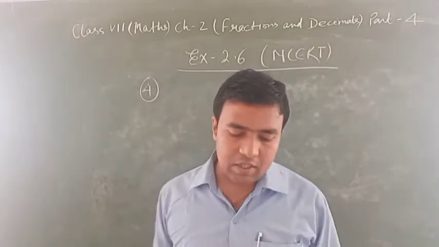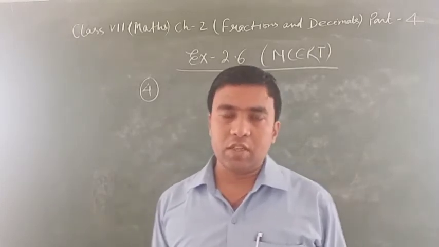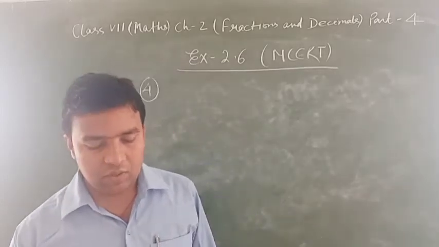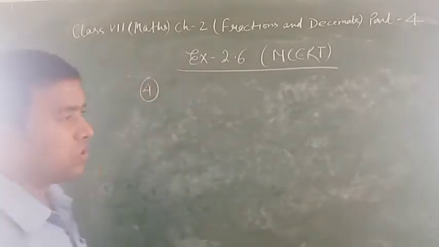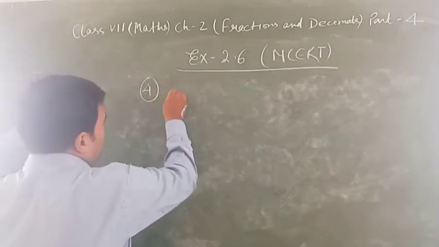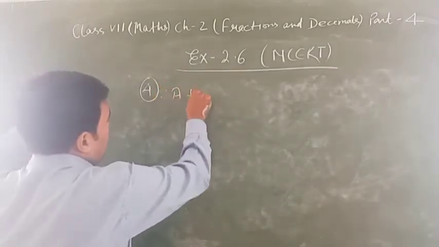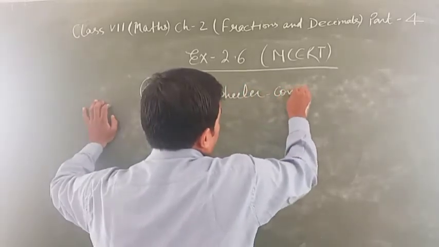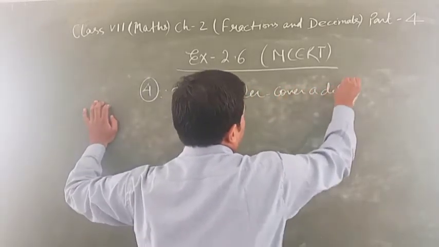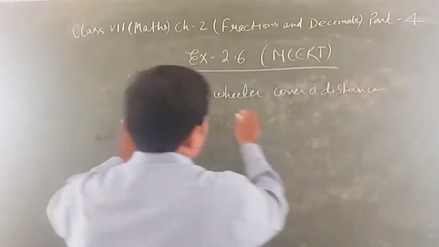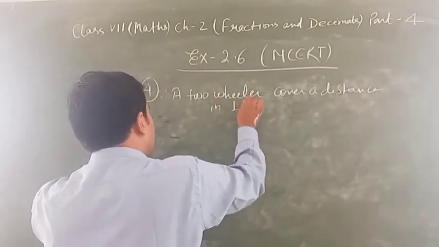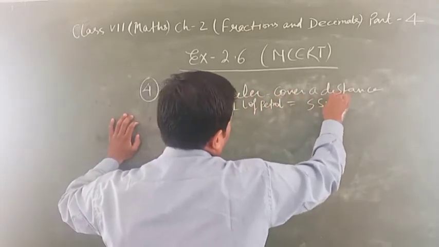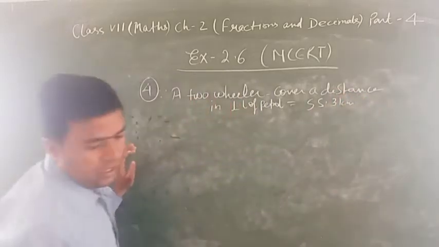A two-wheeler covers a distance of 55.3 km in 1 liter of petrol. How much distance will it cover in 10 liter of petrol? Very simple question. Means a two-wheeler covers a distance in 1 liter of petrol equal to 55.3 kilometer. Clear?